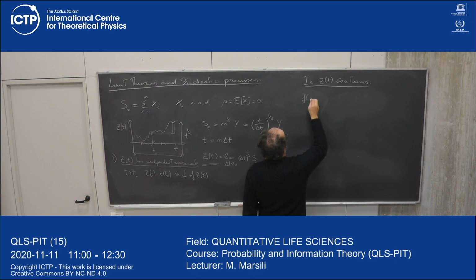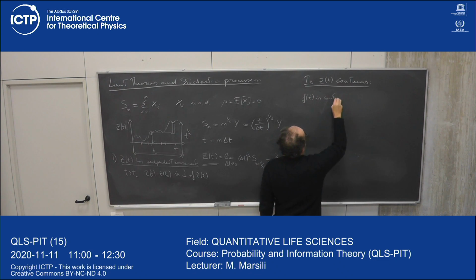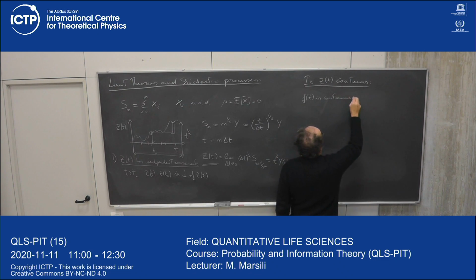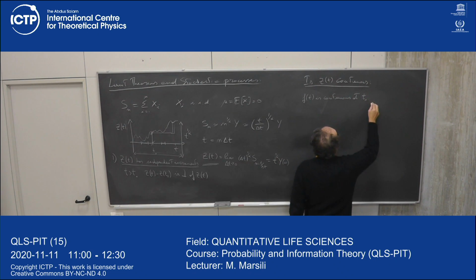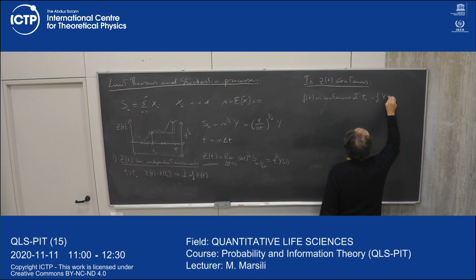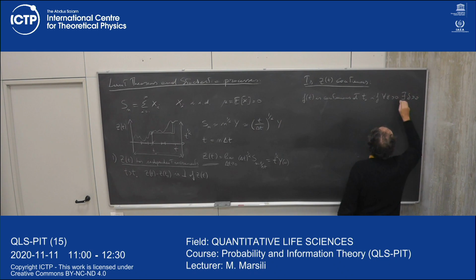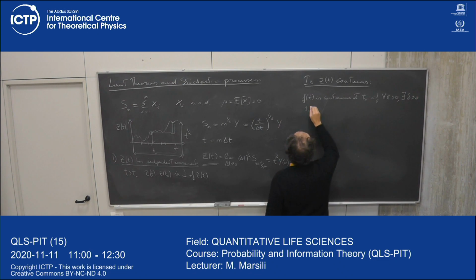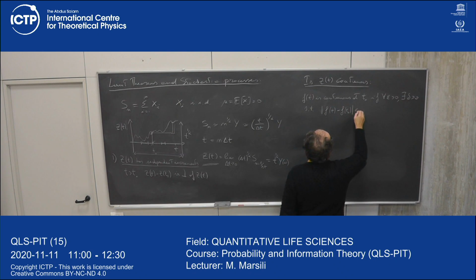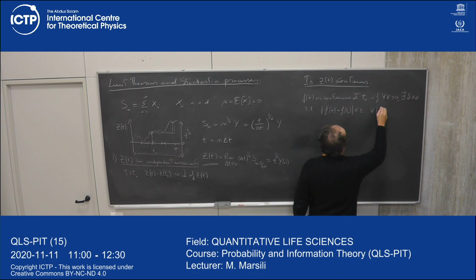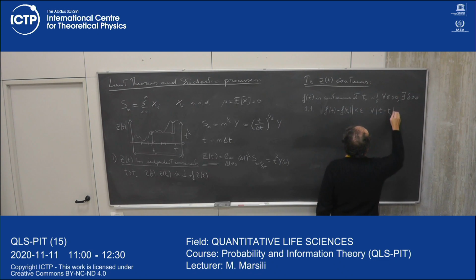So, f of t is continuous at t0 if for any epsilon positive there exists a delta such that f of t minus f of t0 is less than epsilon for all t which are less than delta from t0.